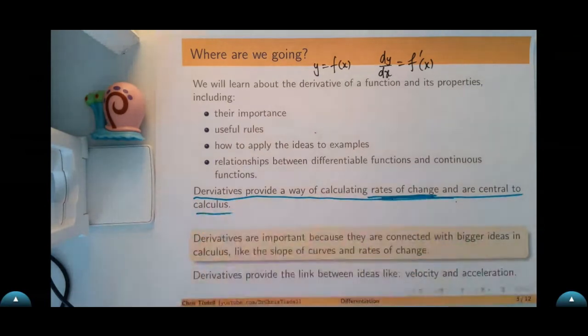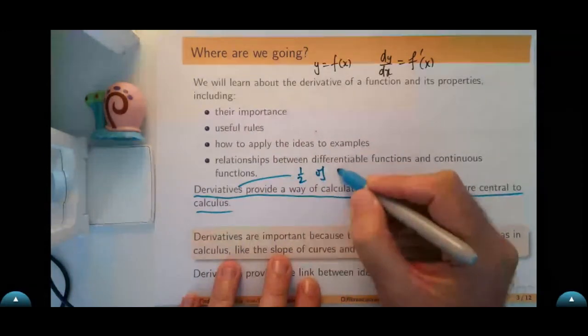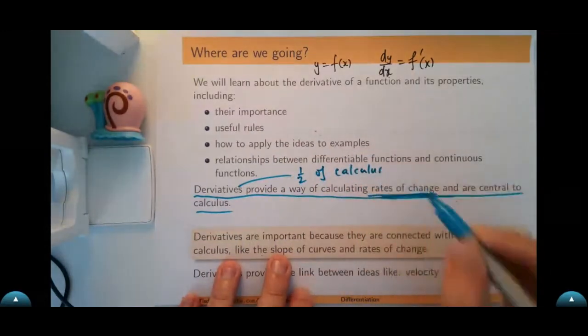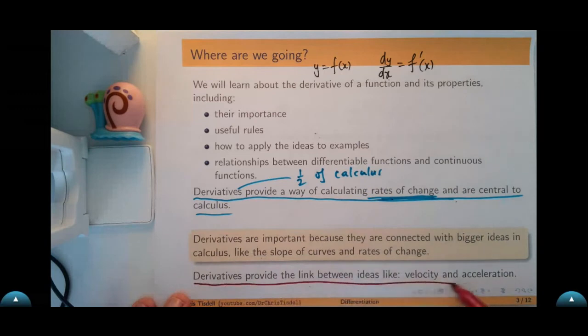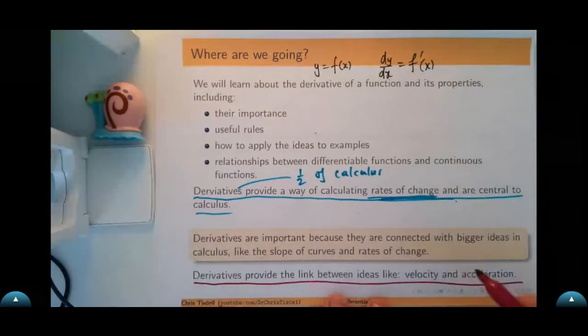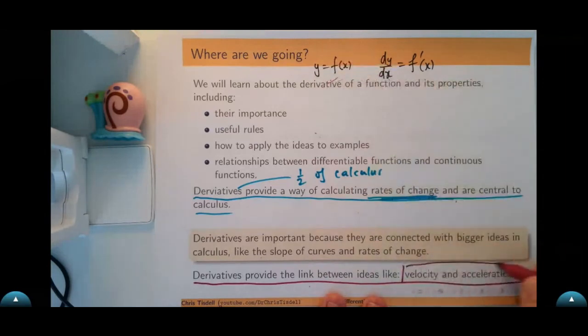Okay, and derivatives are basically half of calculus. So you have the derivative of a function, you have the integral of a function, and together they make up calculus. Now if you study physics or applied math, a simple relationship is the following. If this represents a velocity, and you differentiate it, then you can compute the acceleration.